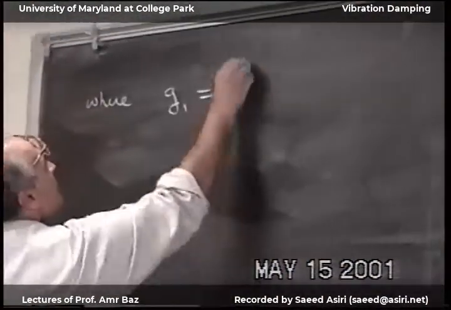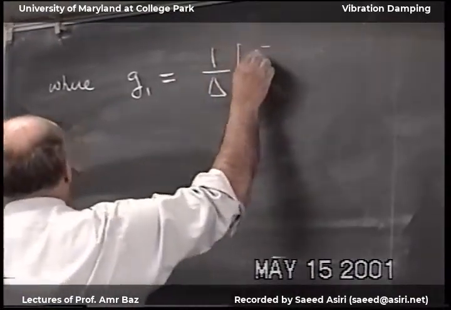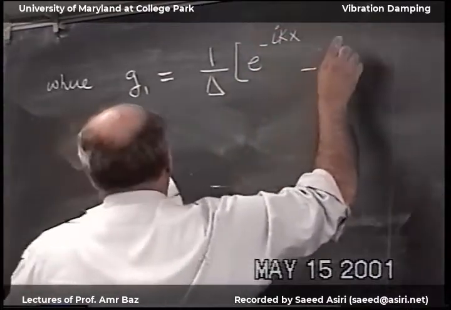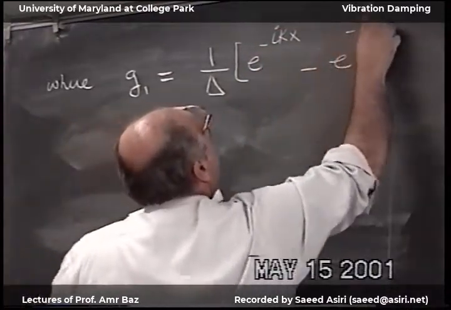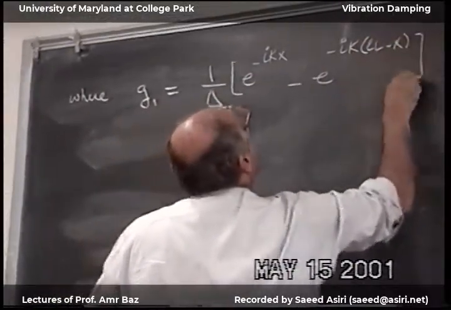G1 will equal 1 over delta, e to the minus ikx minus e to the minus ik(2l minus x).